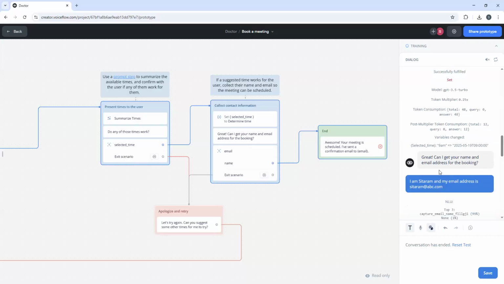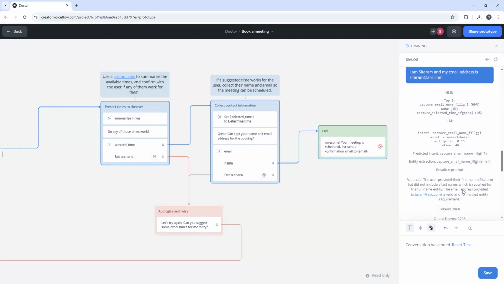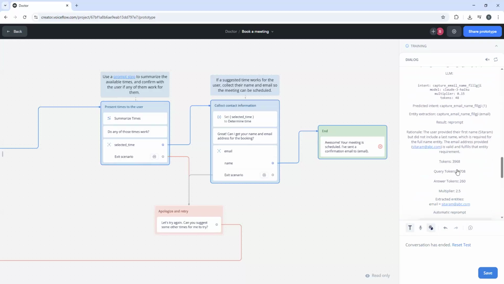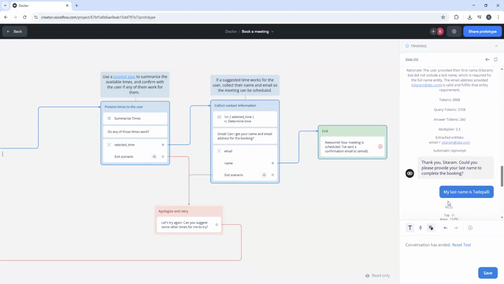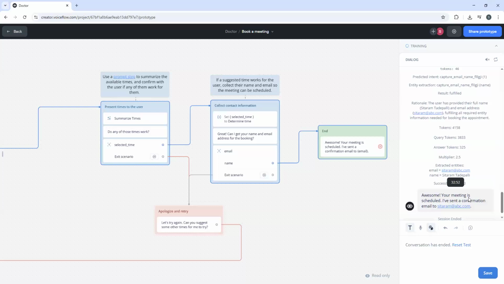Now coming to the chat-based part, it comes back saying great, can I get your name and email address for booking? So I provided my name and some dummy email address. Then it does the calls, and then it is also asking my last name. So I provided my last name, and then finally it books the appointment.